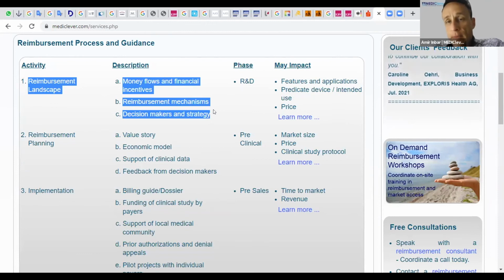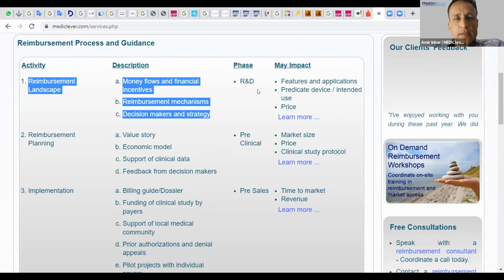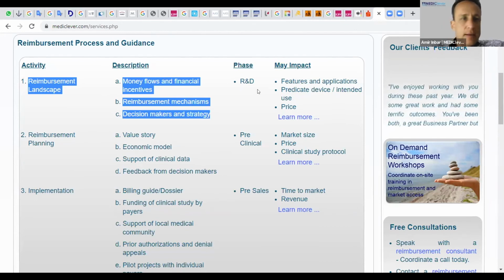And unlike, by the way, the CE mark, which is shared by the European Union countries, the reimbursement system in each European Union country is completely different and unrelated to any other country.